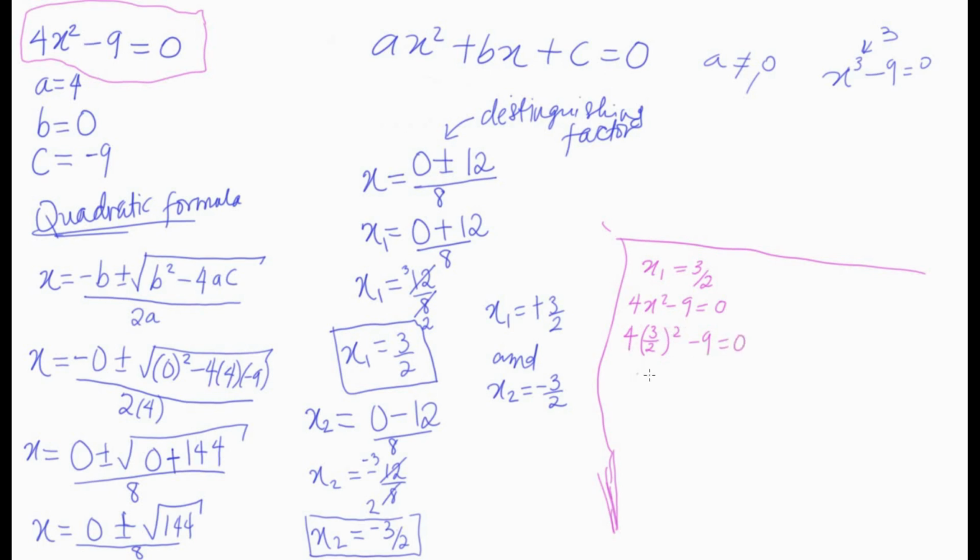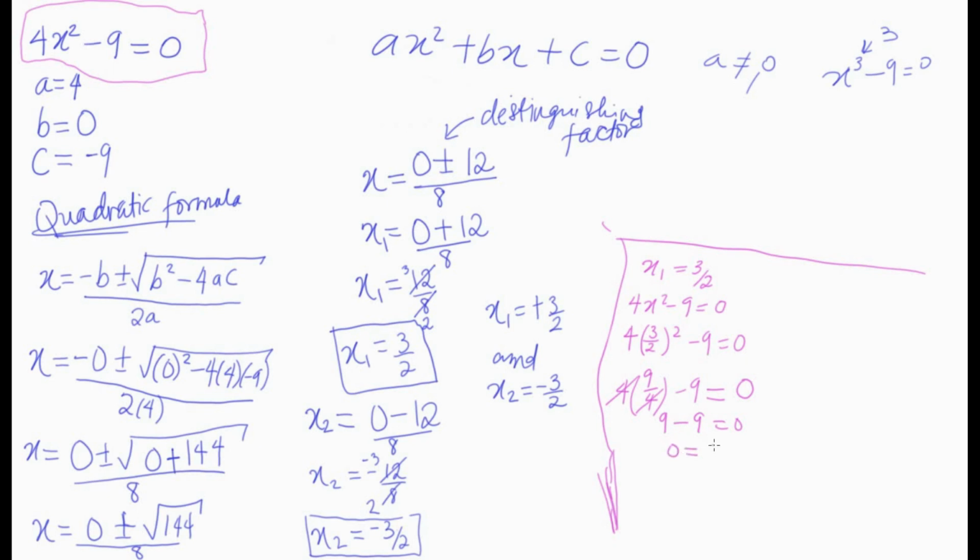So 3 squared we know is 9, 2 squared is 4, times the 4 that drops down here, and then 9. So 4 divided by 4, since this is a fraction. So now we have 9 coming down. So 9 minus 9 equals 0.